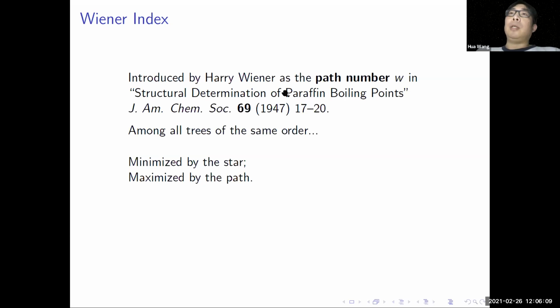And like I said earlier, we are most interested in what structures maximize or minimize certain concepts. So if you look at all the tree structures of the same number of vertices, which one maximizes the Wiener index, which one minimizes the Wiener index, basically corresponds to, say, creating an efficient network so that everything is as close to each other as possible, these sorts of questions.